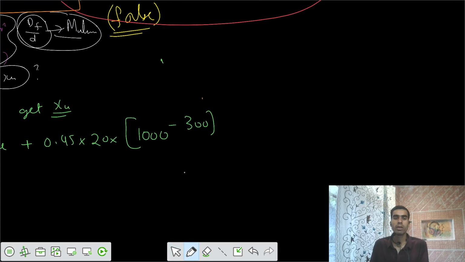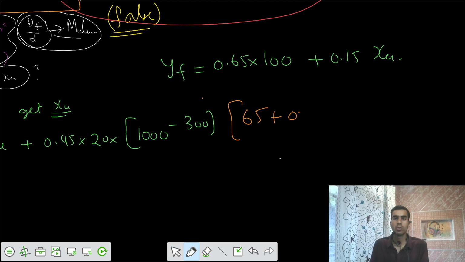What is the value of YF? YF is equal to 0.65 DF plus 0.15 XU. So we write 65 plus 0.15 XU, and we equate that with the T force, 0.87 FY AST.